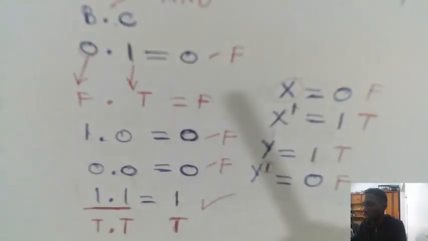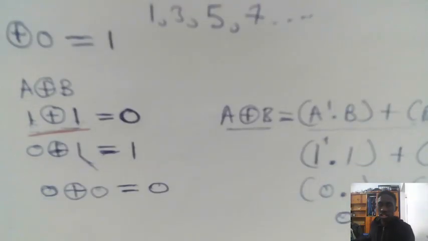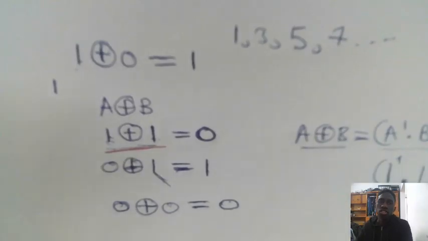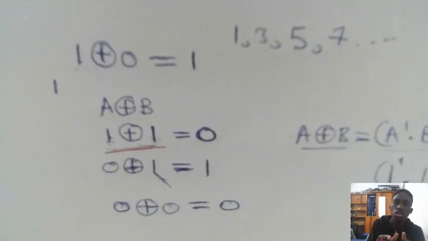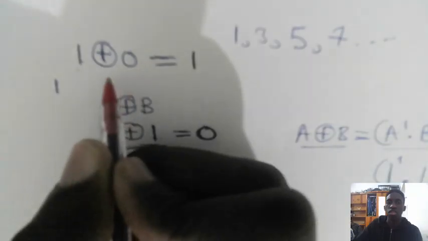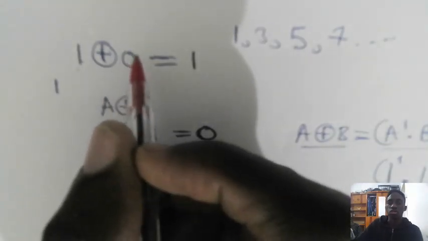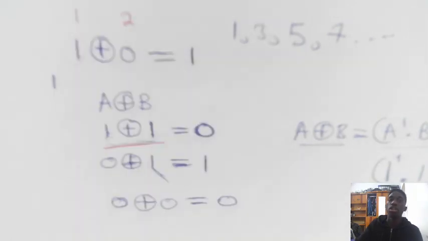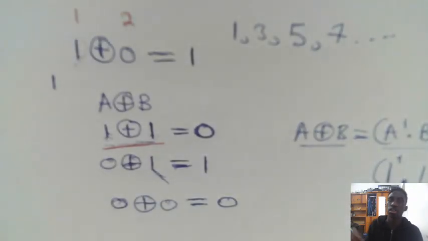We said that in exclusive OR, to get the output, the total number of ones in the input has to be odd. So if I have 1 exclusive OR 0, we have two inputs, input 1 and input 2, so there's only one 1 in the input. 1 is an odd number.